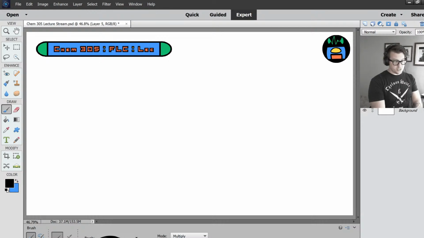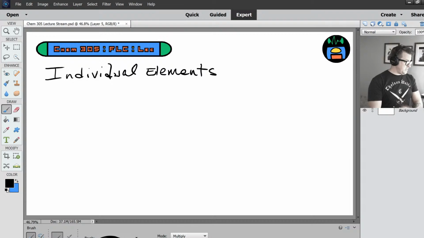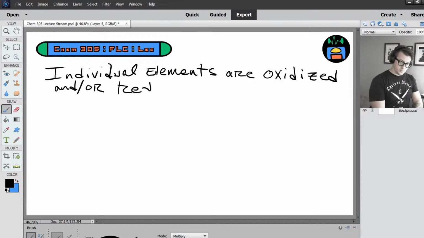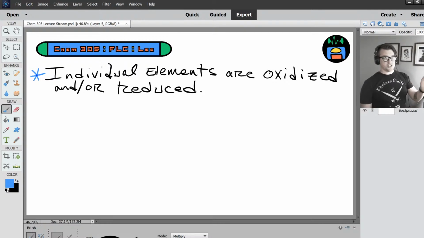In redox reactions, we say that individual elements are oxidized and or reduced. So we talk about oxygen, the element, or hydrogen, the element, being oxidized or reduced.